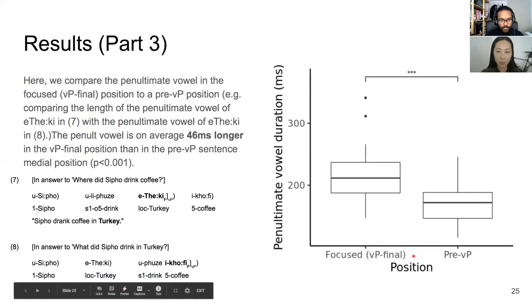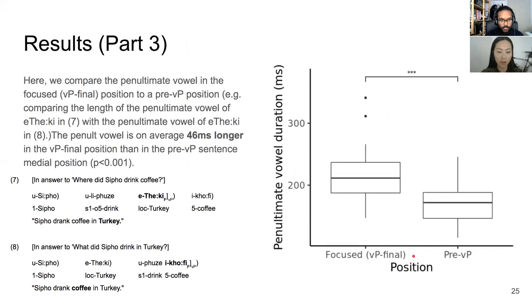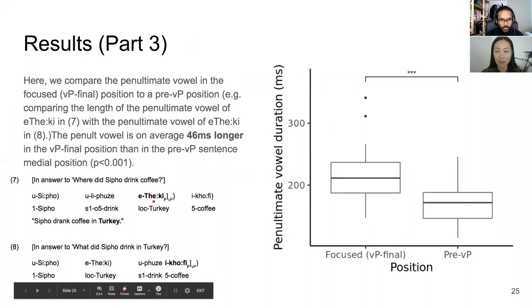So again, we find a significant difference here. The penultimate vowel in this VP final position, like iteki in 7, is 46 milliseconds longer than the same vowel in this pre-verbal non-focused position, that is in iteki in 8.